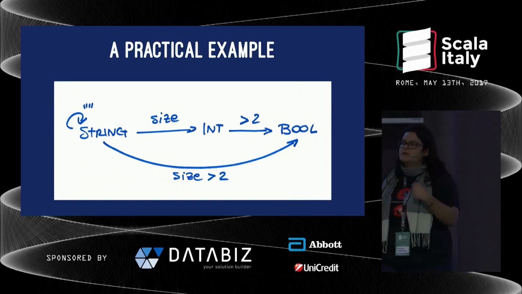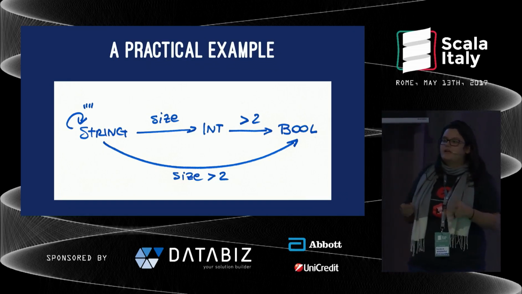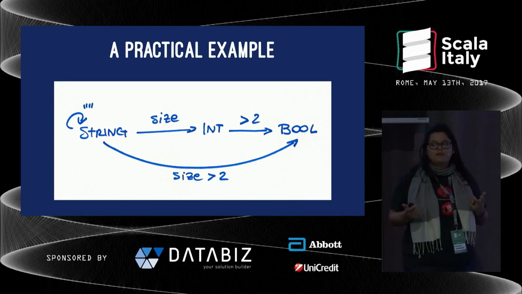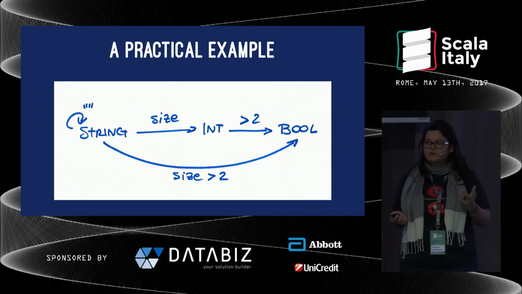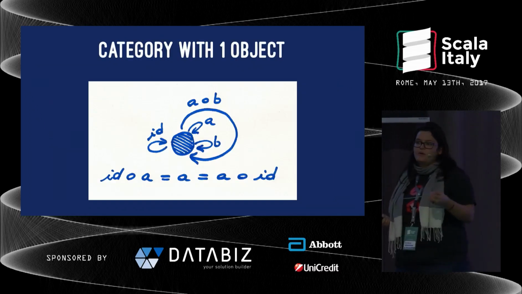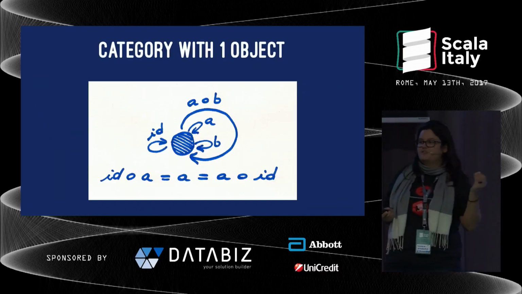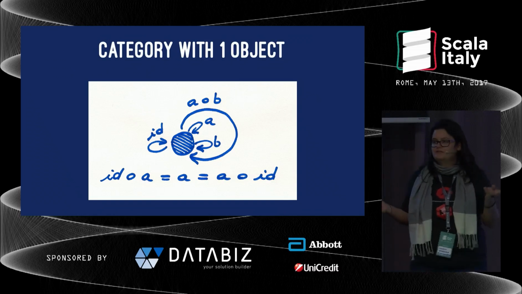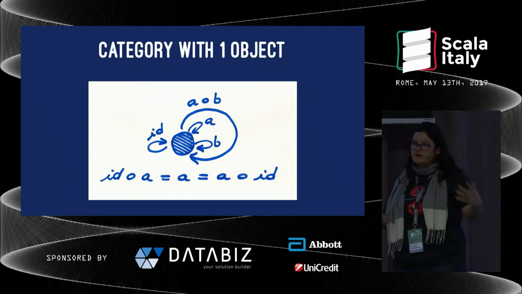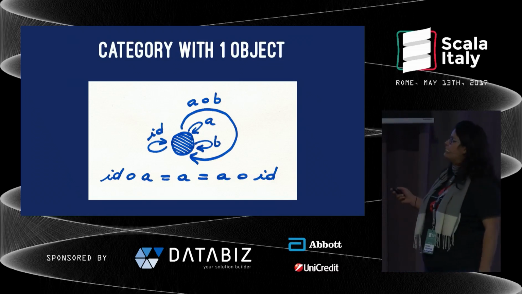So let's look at something a little bit more interesting. What's the simplest type of category that you can think of? It's probably the category with just one object, right? So you basically don't go anywhere. You always stay there. So again, the same rules as before.